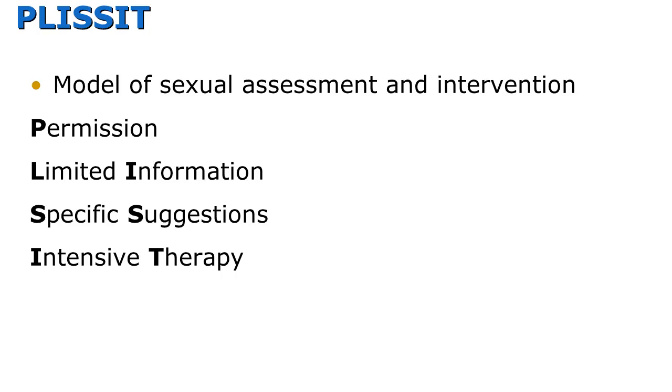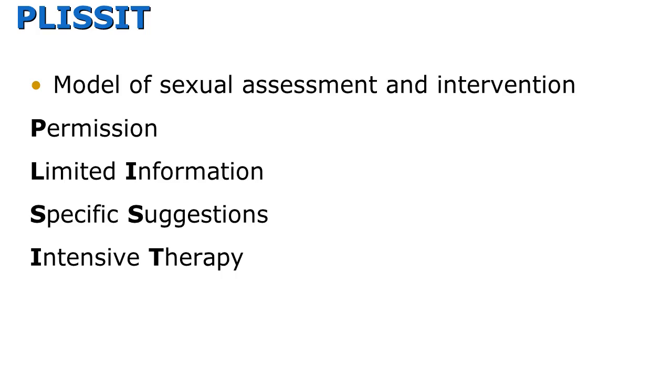Basically, you would start by asking permission to discuss sexual functioning. And once they give you that permission, then you would go ahead and start your assessment. And the model continues where you have limited information. Basically, you are getting some information from the patient regarding sexual function, which leads to specific suggestion.